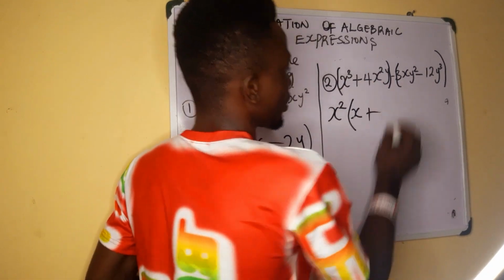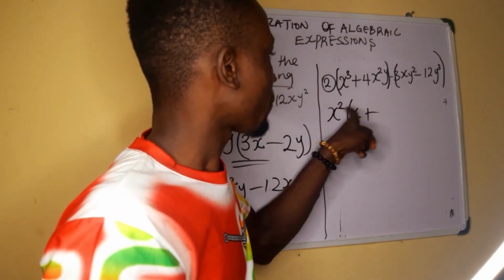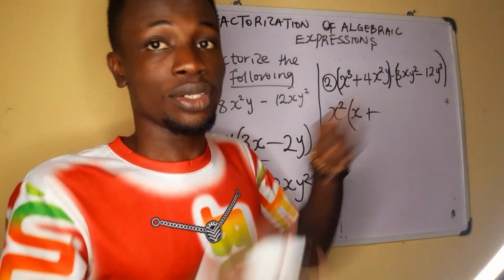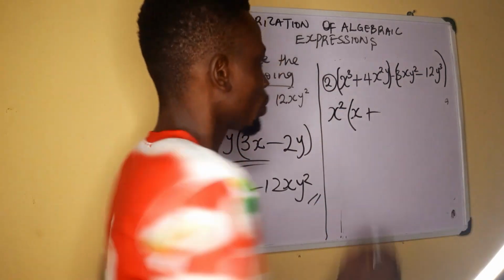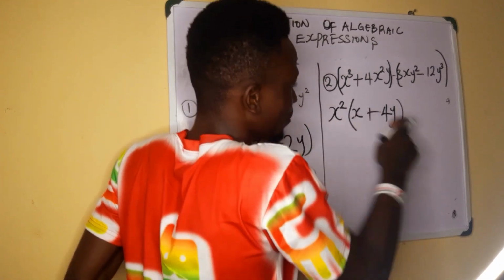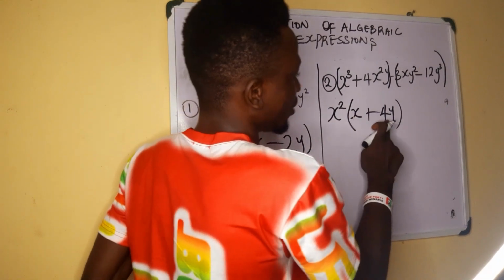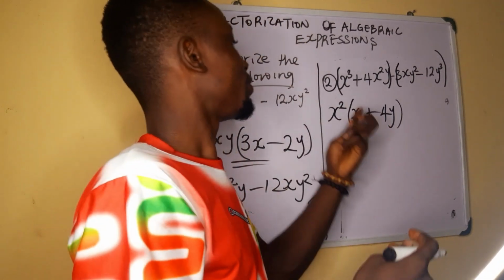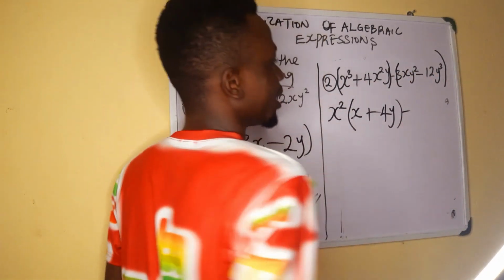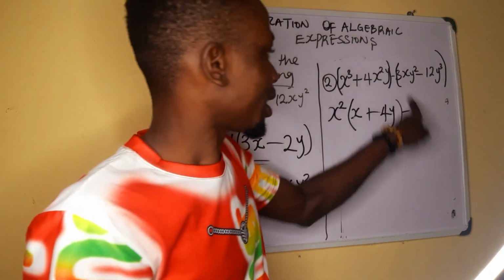Then I'll put my plus sign. x squared divided by this x squared that is here is going to leave me with nothing, which is 1. So what I have remaining here is 4y, so that if I expand it again, x squared times 4y will give me 4x squared y. I hope you're following. Now I'll put my minus sign here. Then the minus sign that is here, this is it.